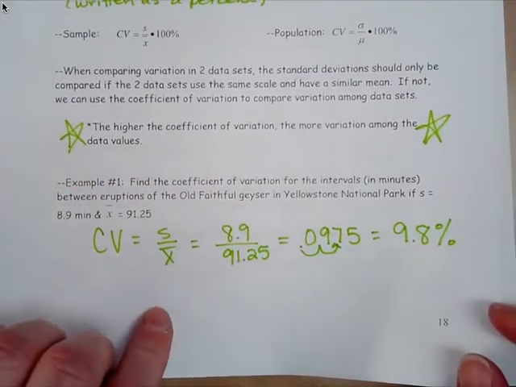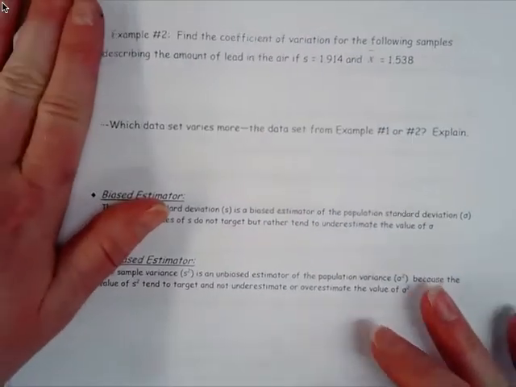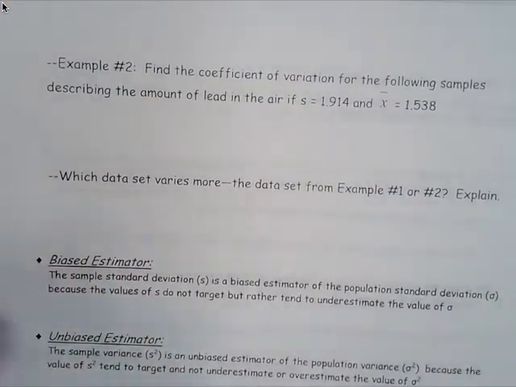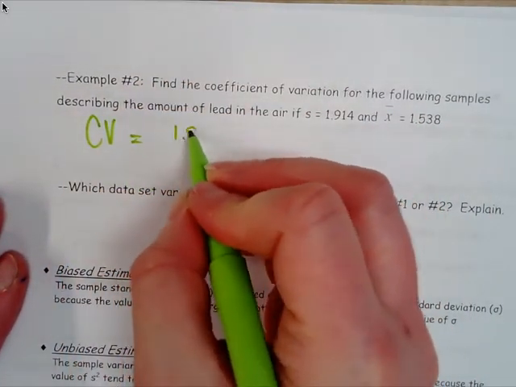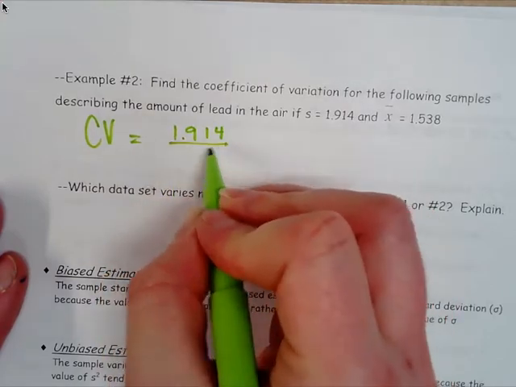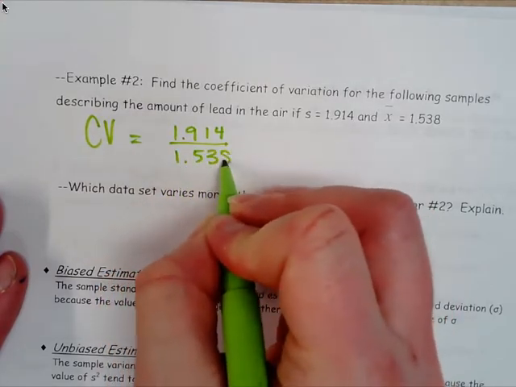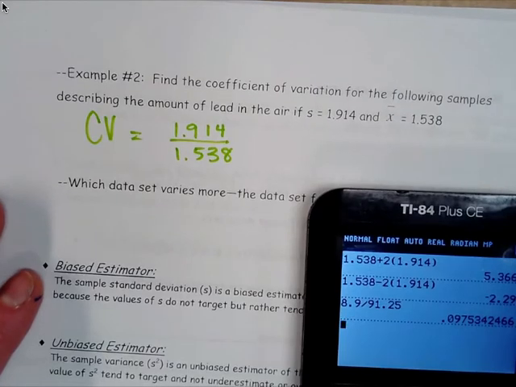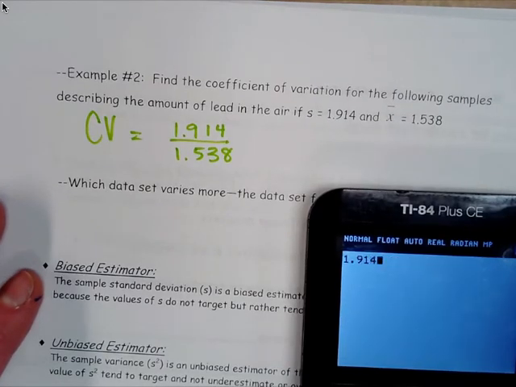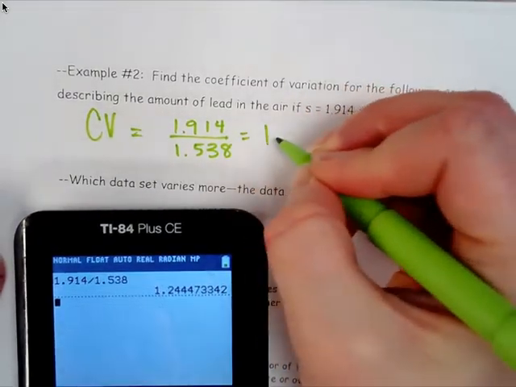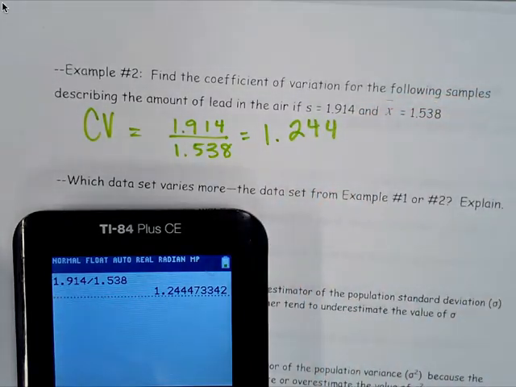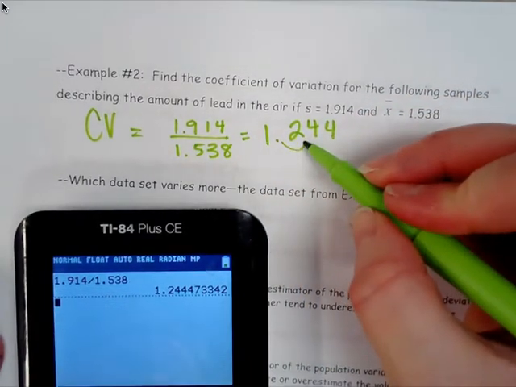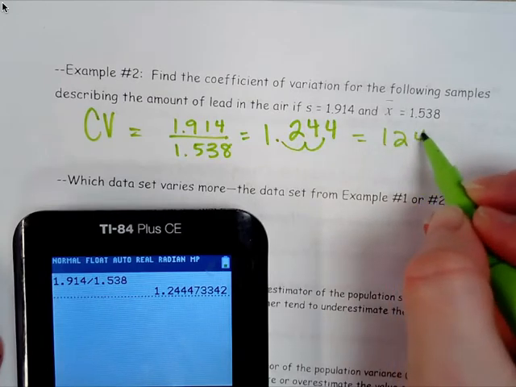So let's see if we can find the coefficient of variation for the lead data. 1.9114 over the mean, 1.538. When we move the decimal, we get 124.4%.